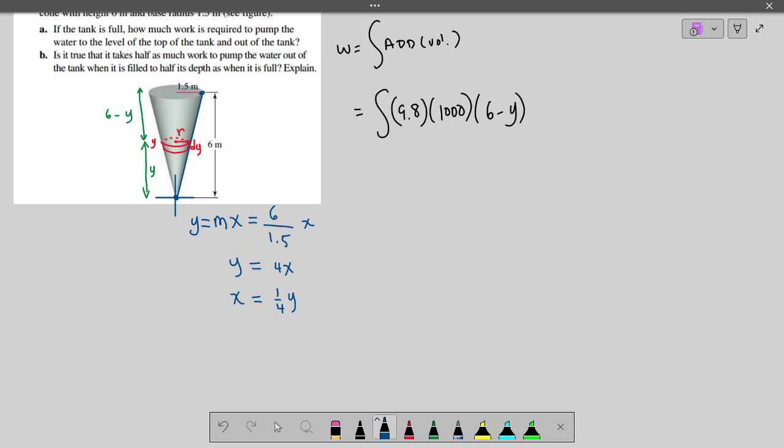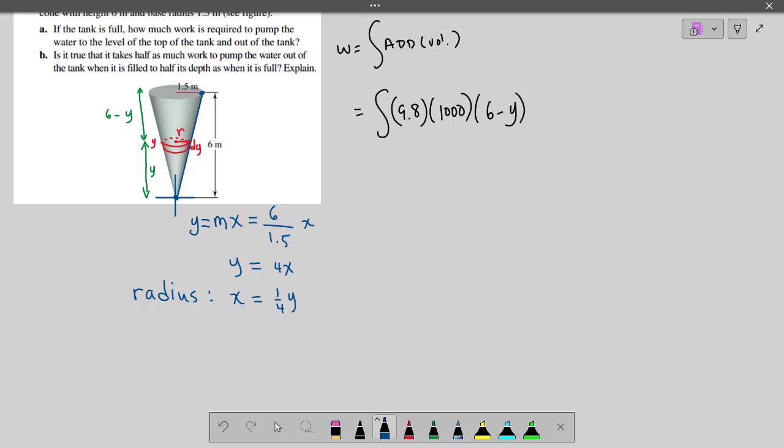That is the radius. This is the radius of the cross section at a height of y. If you're at a height of 0, the radius is 0. If you're at a height of 6, if you plug in a 6 right there, you get 1.5.